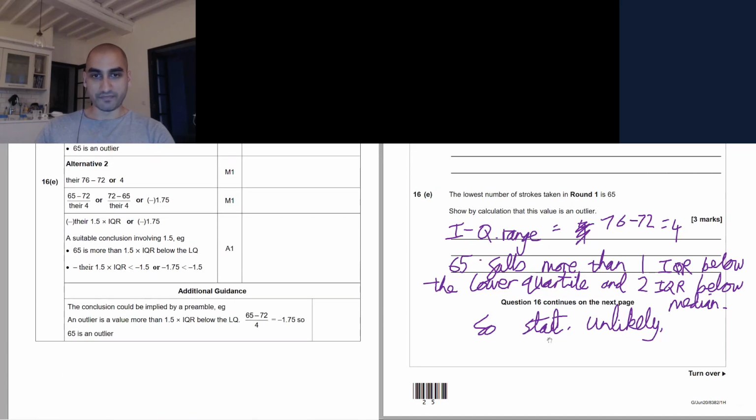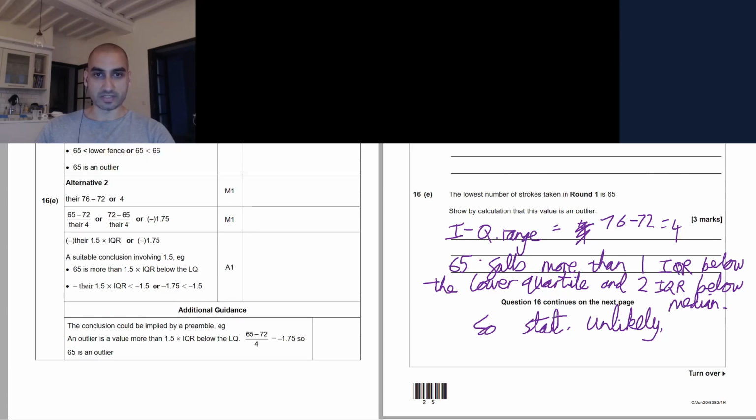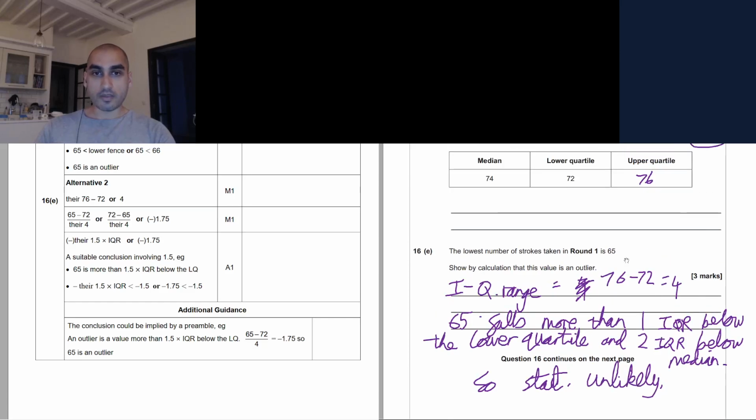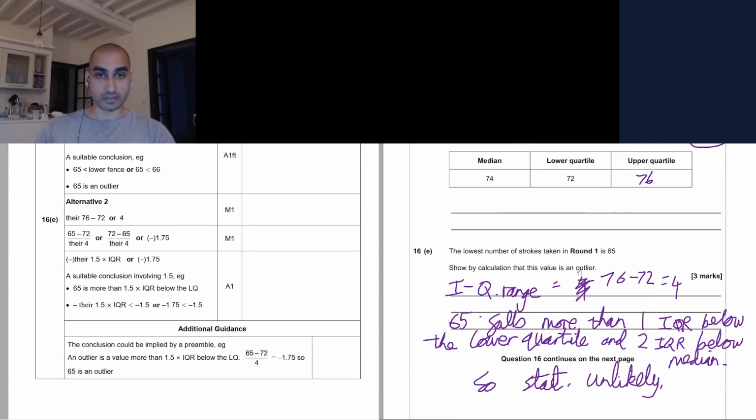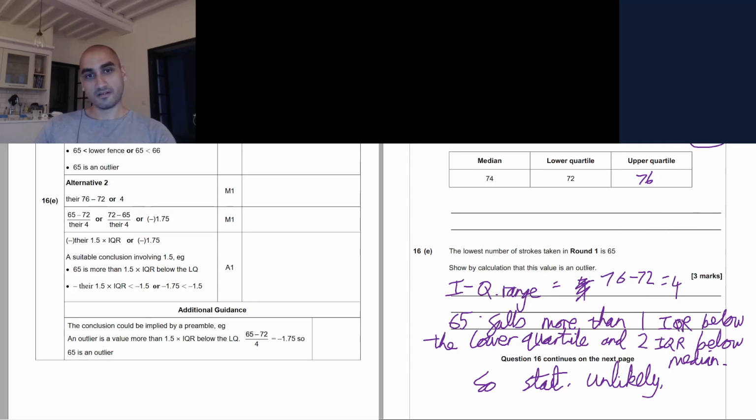So apparently 1.5 is the magic number here. I didn't know about this. If you're outside of 1.5 of the IQR from the lower quartile, then that's considered an outlier. That's just a thing in GCSE. I didn't know about that.